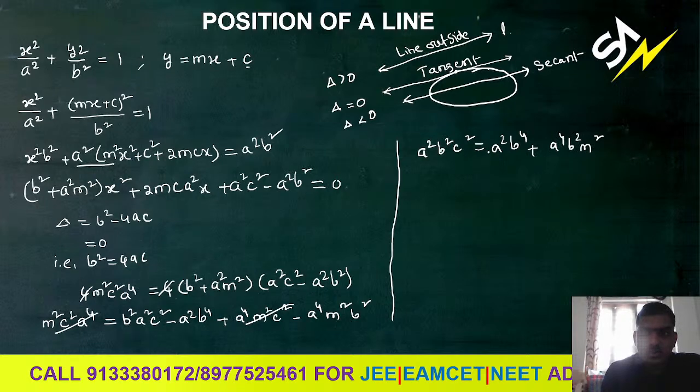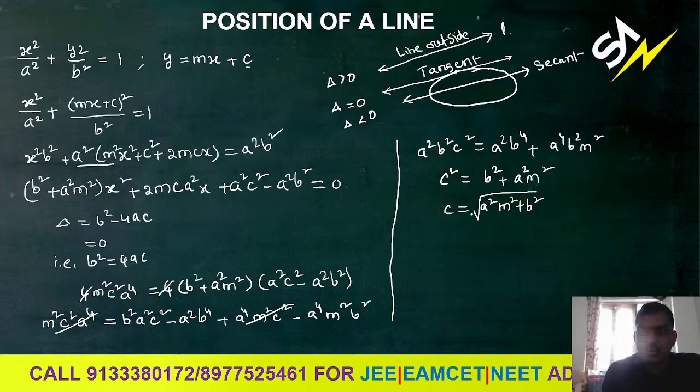So here a square is taken out and cancelled, and b square also taken out and cancelled. Then we have c square is equal to b square plus, here b square is left, and only a square m square is left. So finally c is equal to what we have? c square is equal to a square m square plus b square.